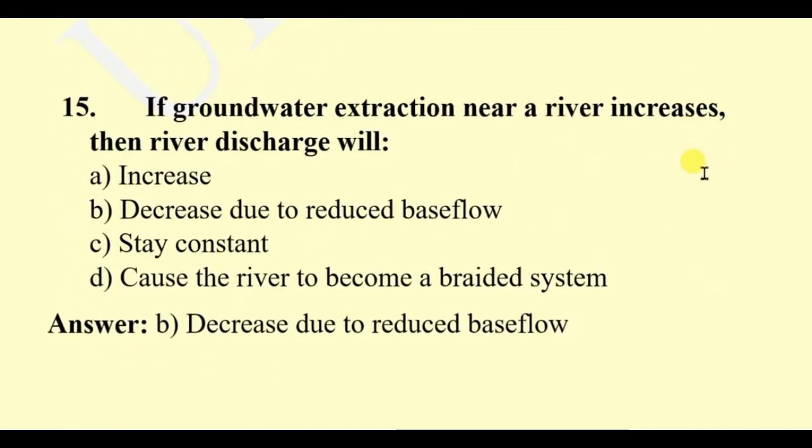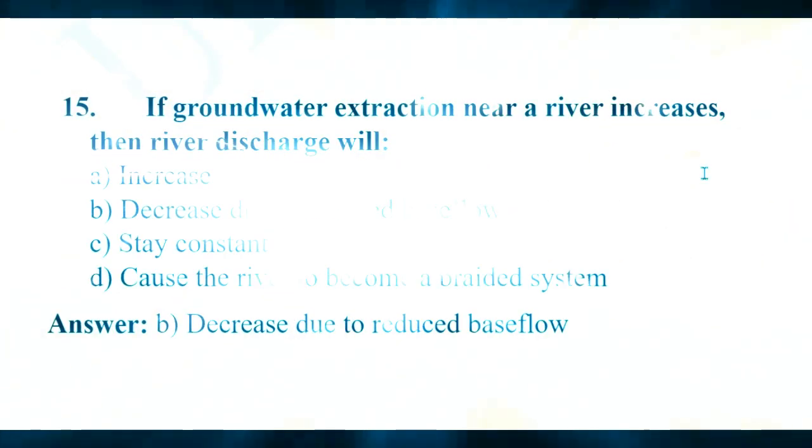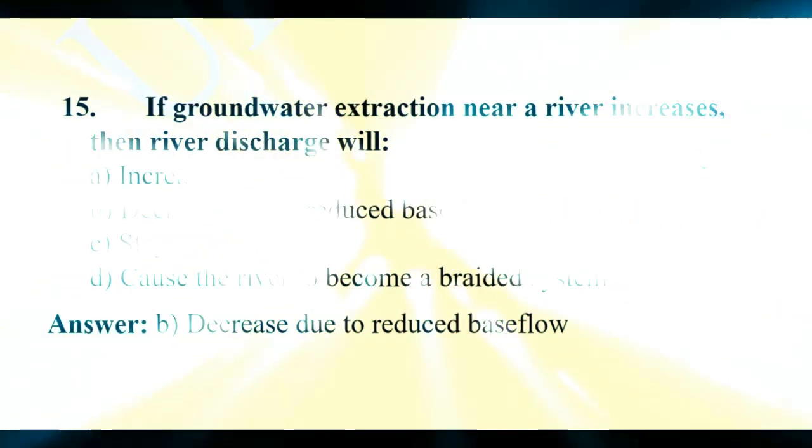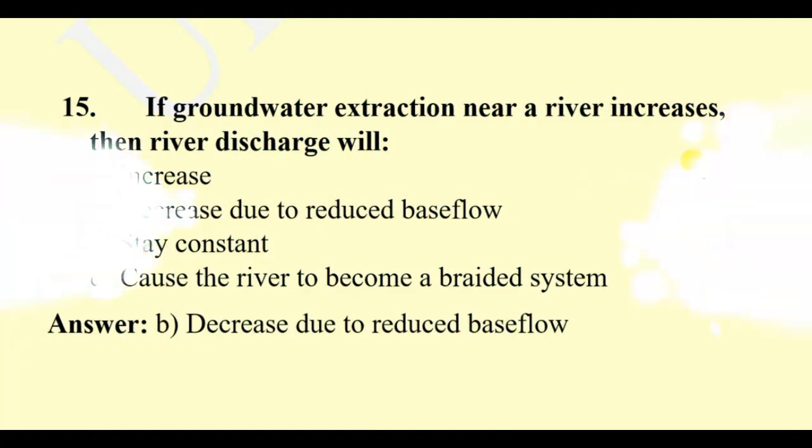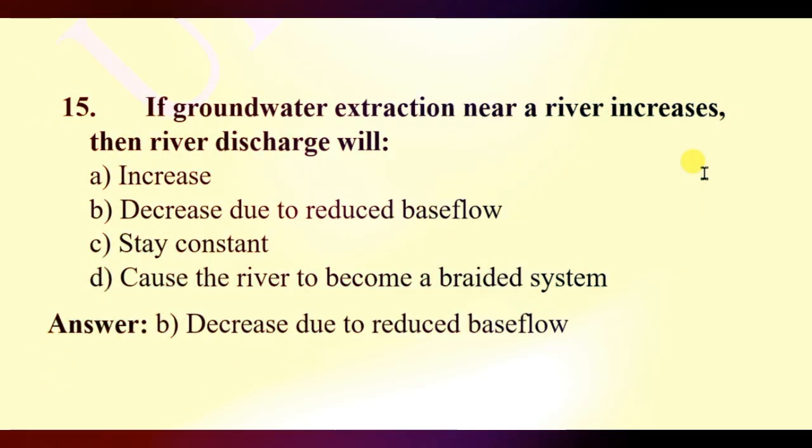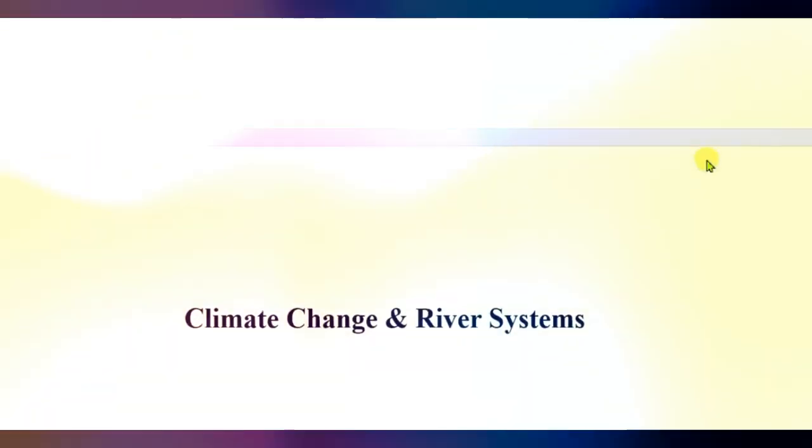Question 15. If groundwater extraction near a river increases, then river discharge will increase, decrease due to reduced base flow, stay constant, or cause the river to become a braided system. The right answer is decrease due to reduced base flow. If groundwater extraction near a river increases, then river discharge will decrease due to reduced base flow.